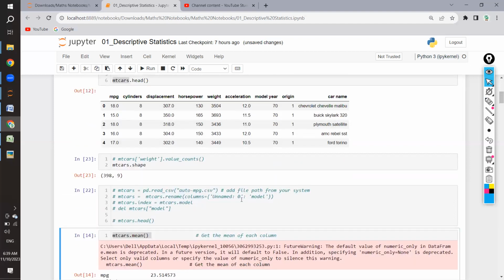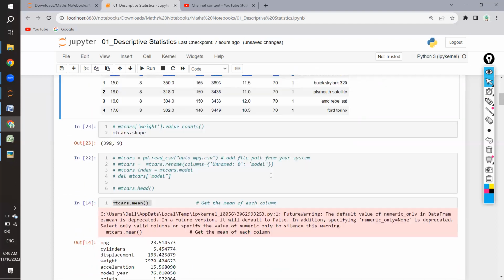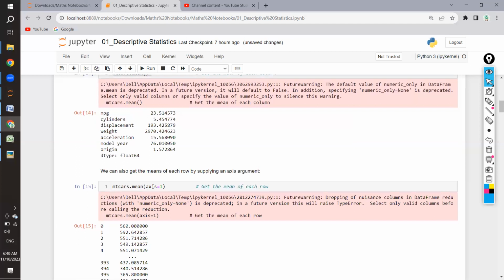But if you want to find the mean of each row, what is each row representing? Each row is representing a car. This first row is the details of a Chevrolet vehicle, and the second row is the details of some Skylark car. If you want the mean of all the parameters of a car, that means the mean of all the values in a row, then you can just say axis equal to 1.